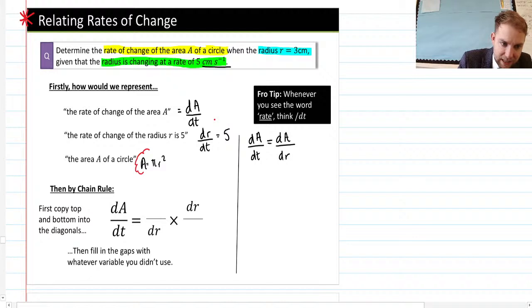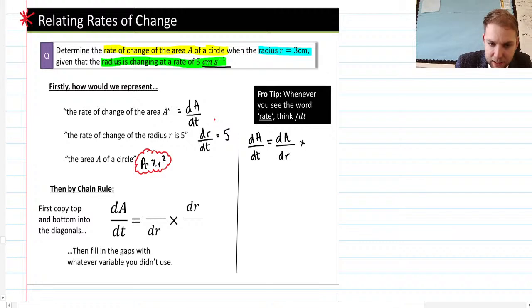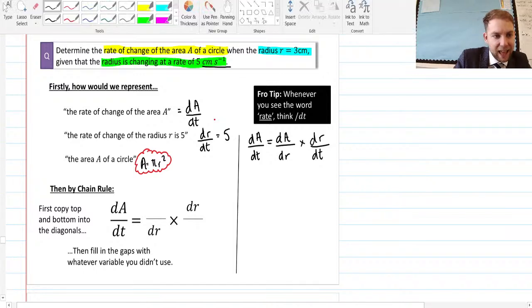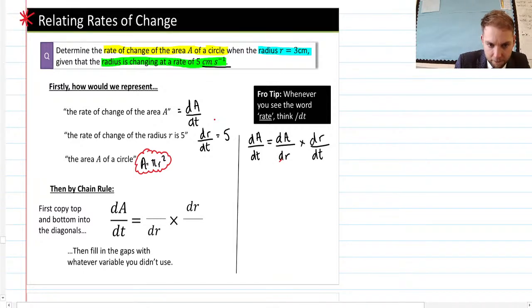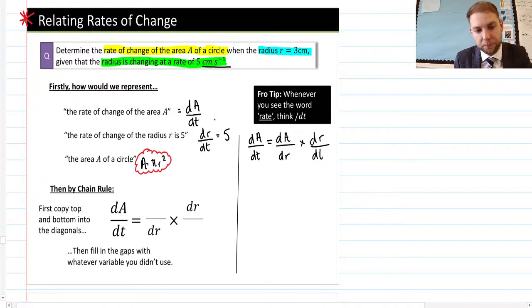So dA by dr, but I've got to keep this the same, so times by dr by dt. Now notice that if I was to cancel these out, you'd end up with dA by dt. But I'm not going to cancel those out. I'm going to use them.